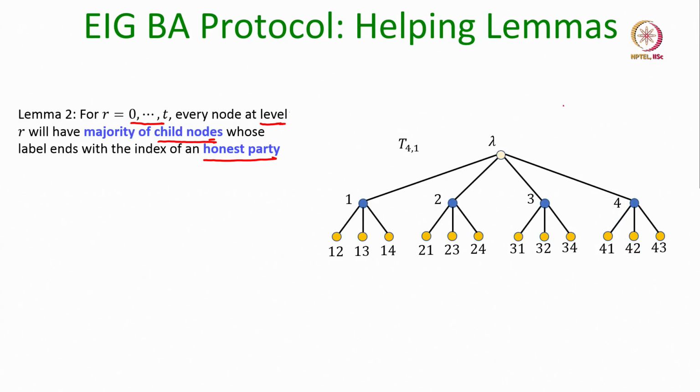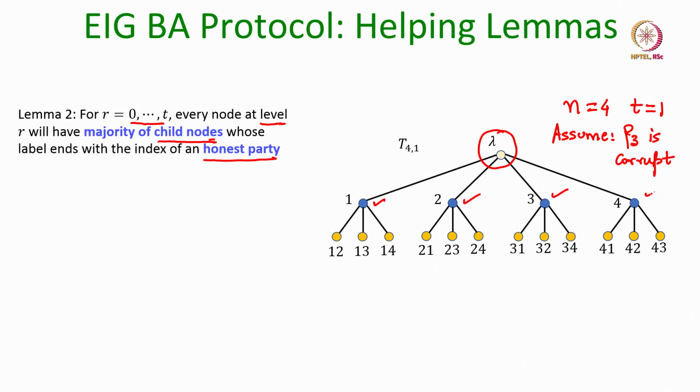So, here n is equal to 4 and t is equal to 1, and assume P3 is corrupt. If I focus on this node, its children are this node, this node, this node and this node.